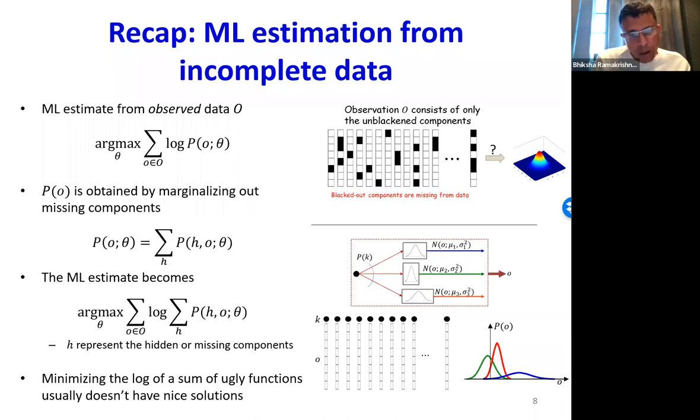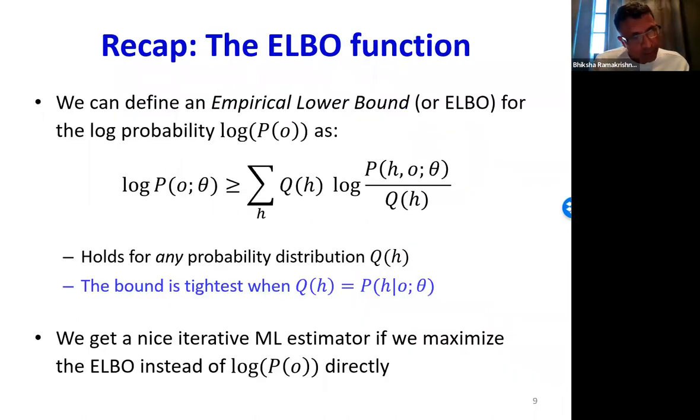And so in this case, we had to use a different strategy. We did not directly maximize the log likelihood. Instead, we defined an empirical lower bound, or an ELBO, for the log probability. We saw that the actual log probability of the data is lower bounded by the convex sum of the log of the joint probability of H and O divided by Q of H. So this term to the right was what we call an empirical lower bound.